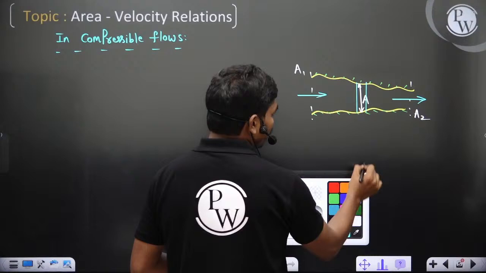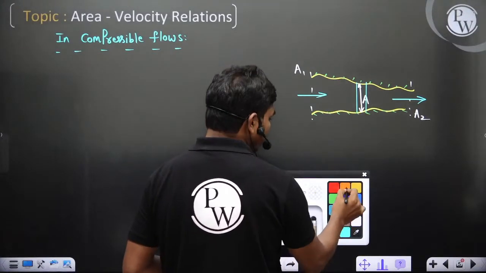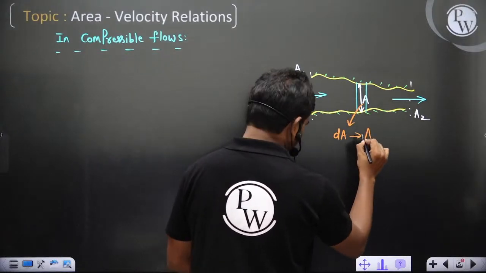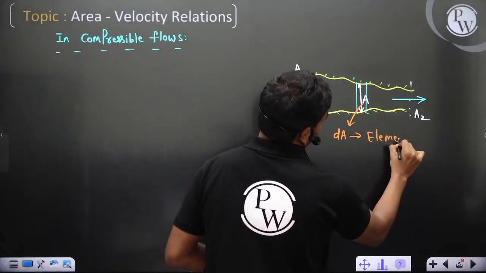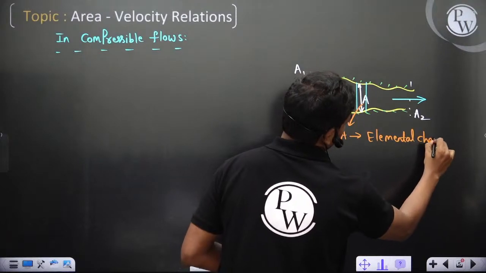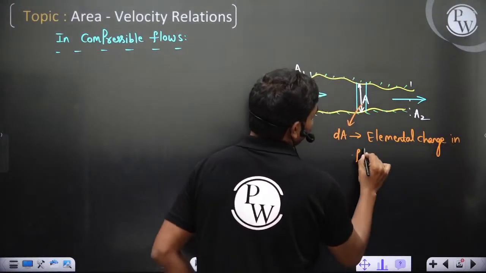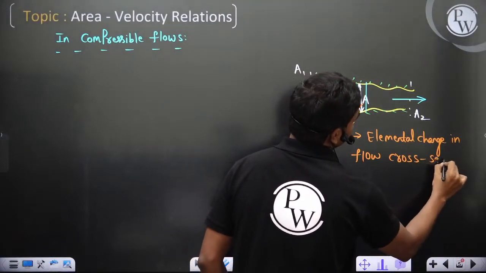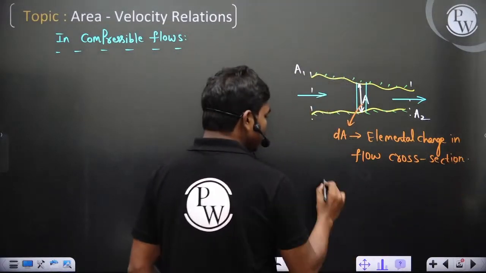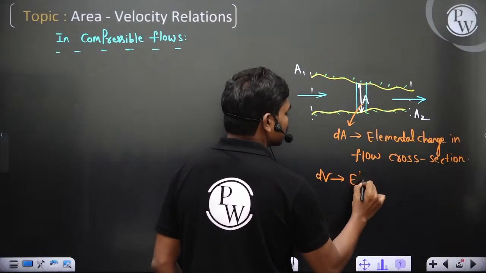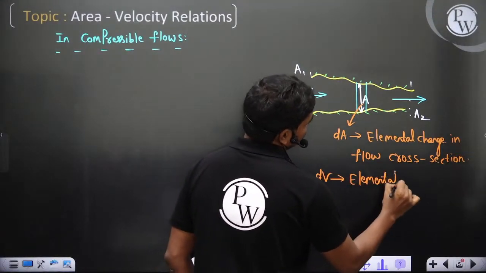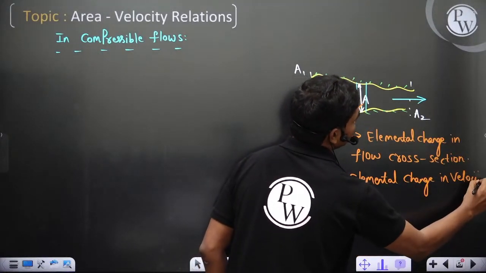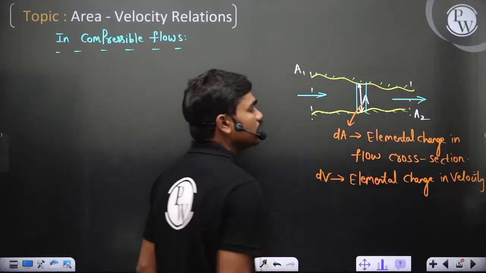Over this small length, dA is the elemental change in flow cross section, and dV is the elemental change in velocity. For example, if the velocity here is v, then here it is maybe v plus dv.